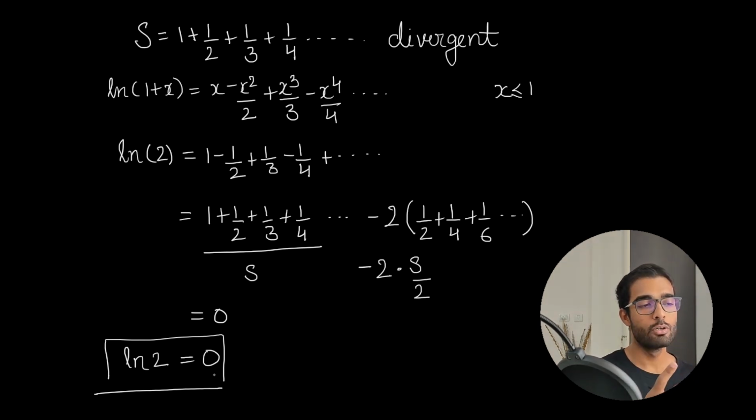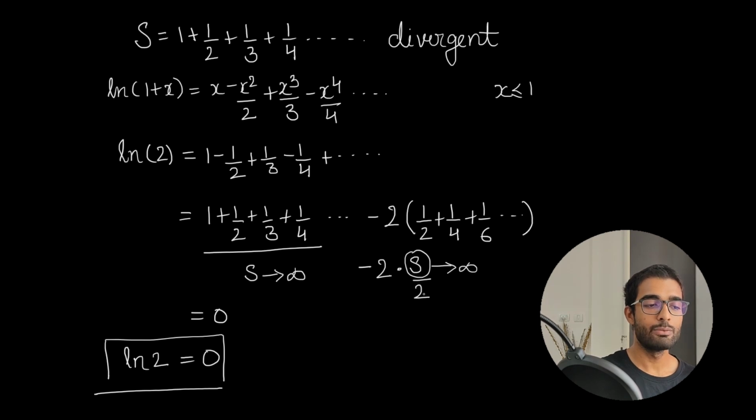Now, if you look carefully into this, what you are going to get is that this is a divergent series and S tends to infinity. When this is large, S tends to infinity. And this is again a divergent series. When it's large, S tends to infinity.